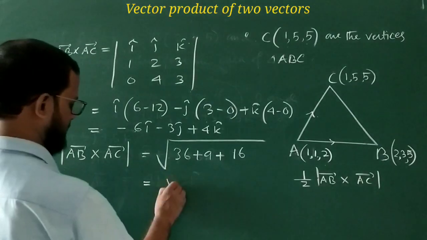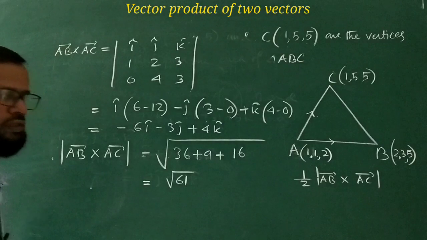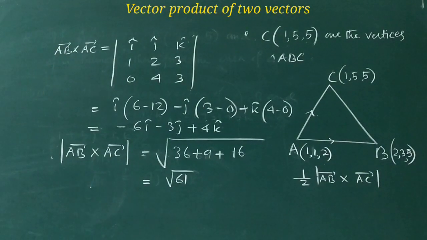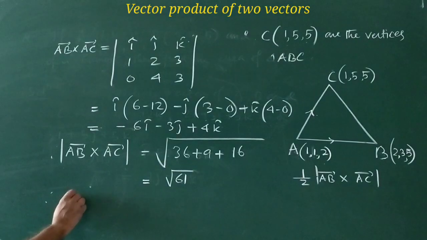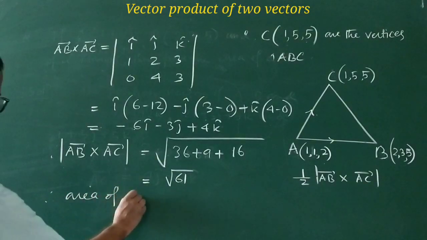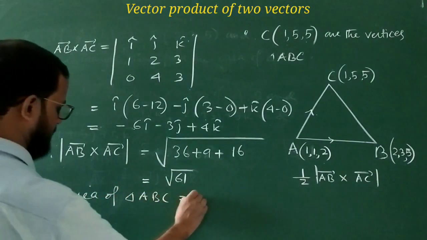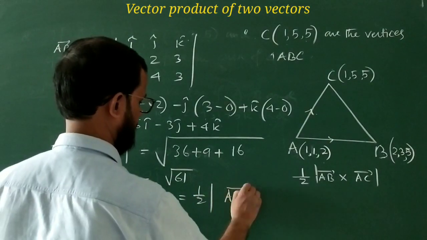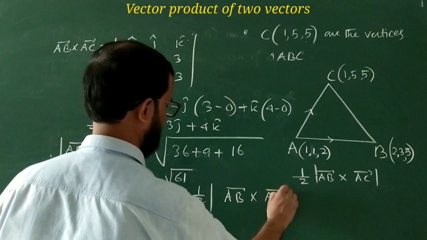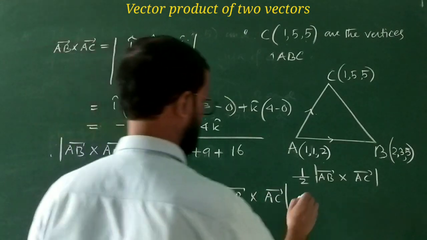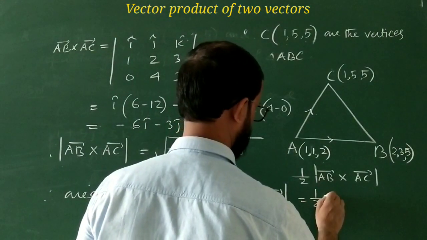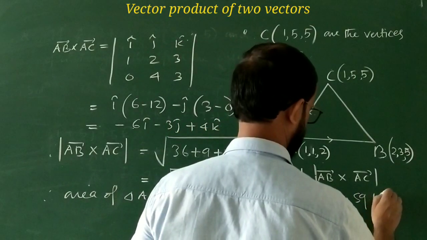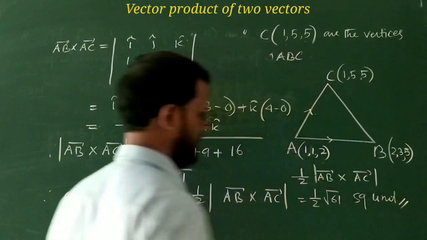It will be root over 61, yes, root over 61. Therefore, the area of triangle ABC is equal to half into the magnitude of AB vector cross AC vector. So it will be half into root over 61 square units. This is the final answer.